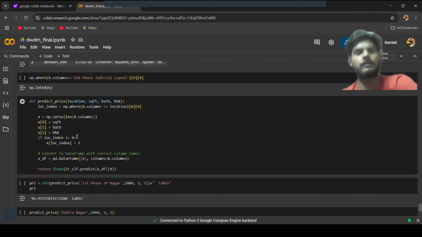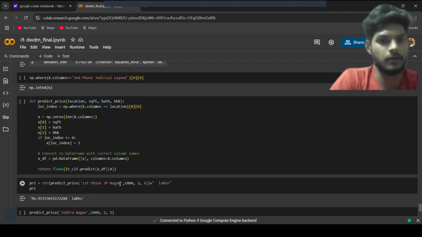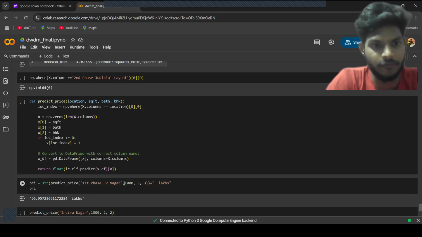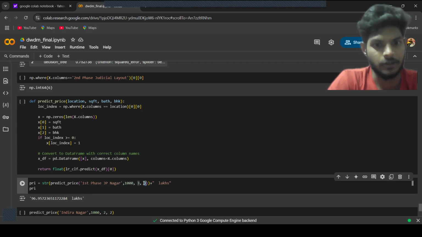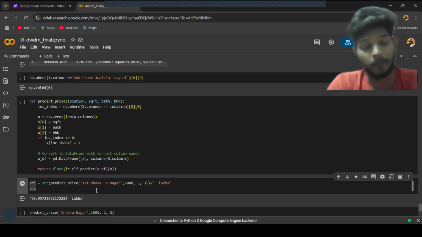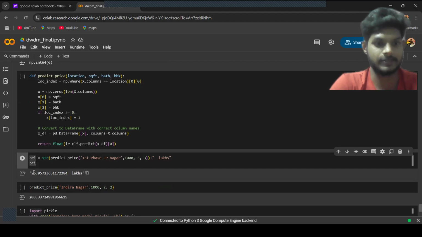Now we will be predicting the value. For example, for 1st Phase JP Nagar, you input the square feet as 1,000, bathrooms required are 3, and BHK value is 3. Then what is the price predicted in that location? We are getting 96 lakhs.